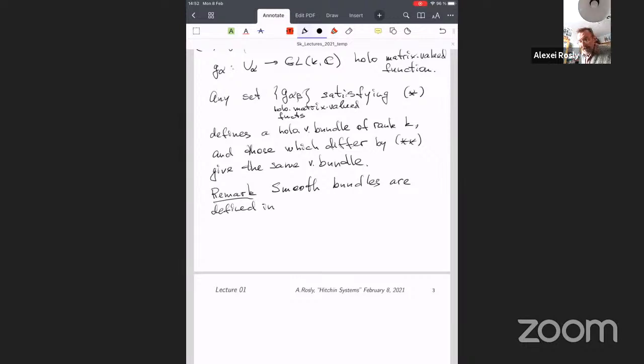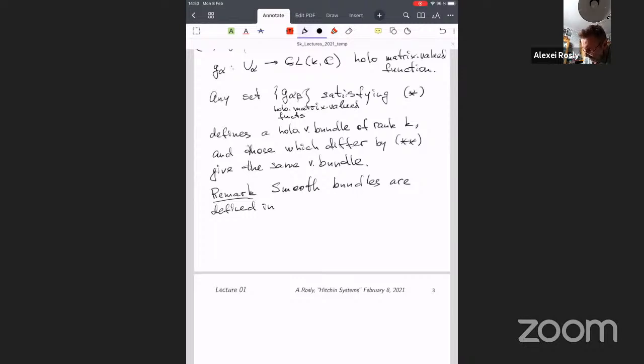For smooth or topological bundles, in topology we require only continuity, but smooth and topological are very close.